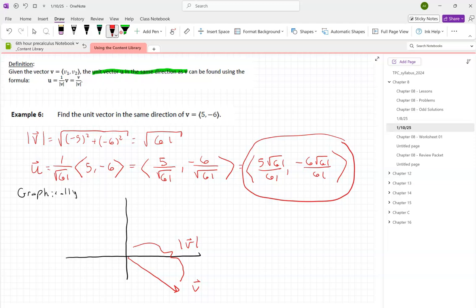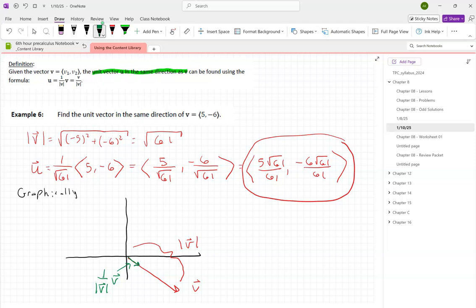If I multiply this vector by 1 over its length, it'll scale that vector so that it just has length 1.